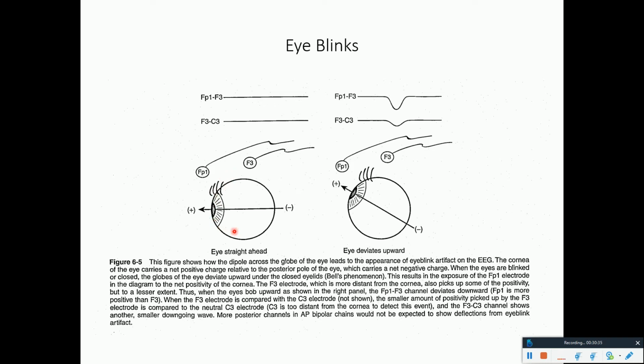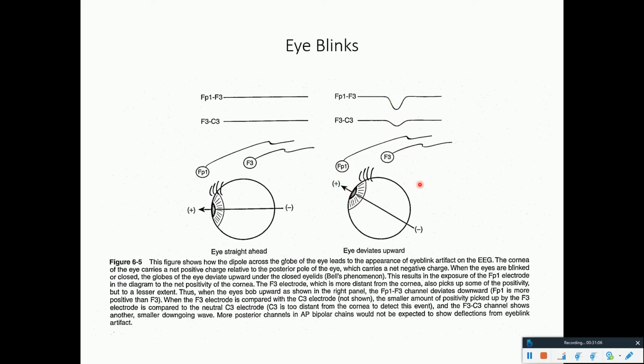The problem is, if you close your eyes, your eye moves upward, which is called Bell's phenomenon, and this moves the dipole of the eye with respect to the electrodes on the frontal part of your head, and this yields a positivity in these electrodes.